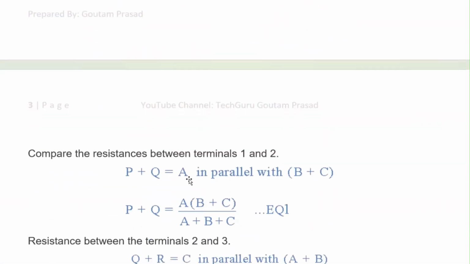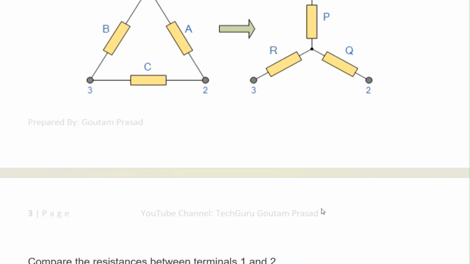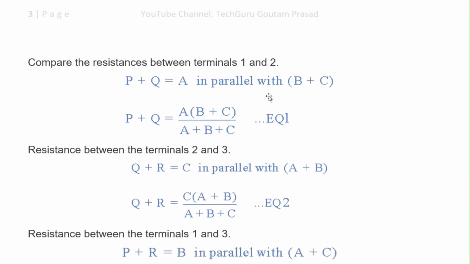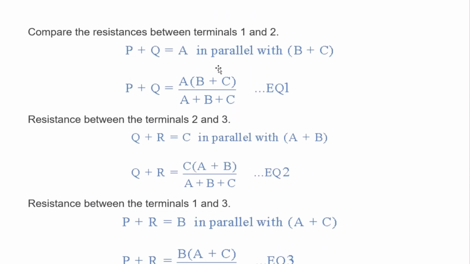So A is in parallel with B plus C. If you want to calculate the effective impedance, you multiply these two impedances and divide by the sum of the impedances. So P plus Q equals A multiplied by (B plus C) divided by A plus B plus C. This is equation number 1.